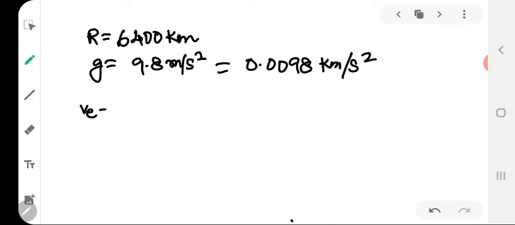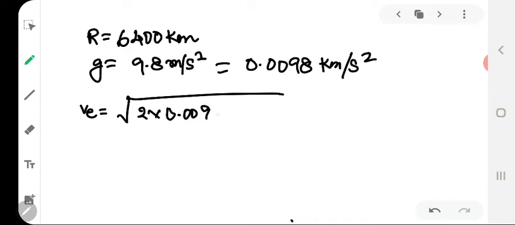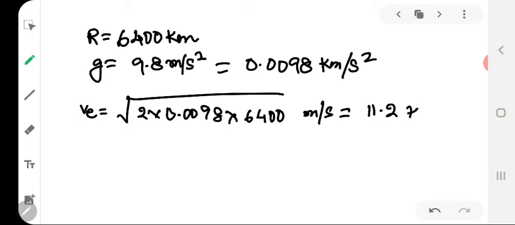Then escape velocity VE should be equal to root over 2 into 0.0098 into 6400, and that will turn out to be equal to 11.2 kilometer per second. So this is the value of escape velocity for the surface of the Earth.